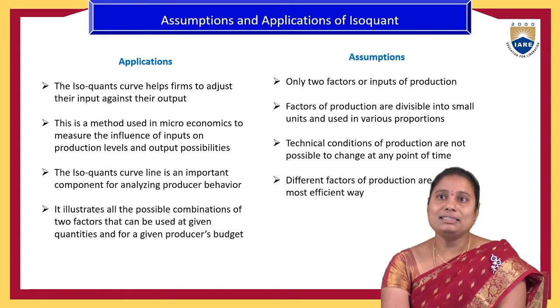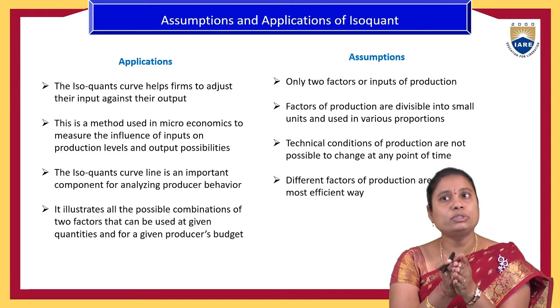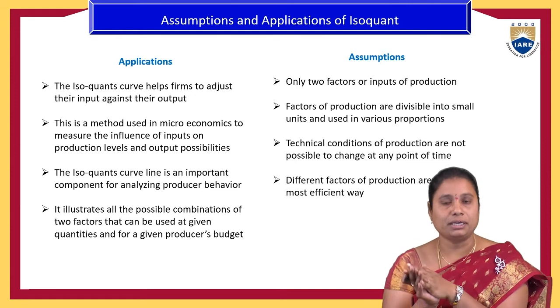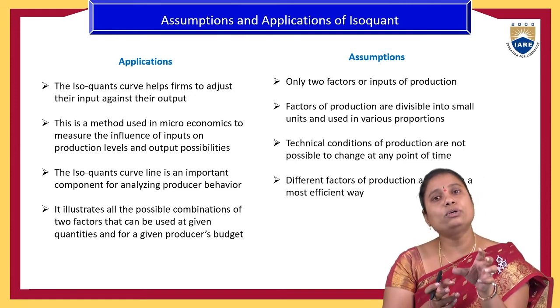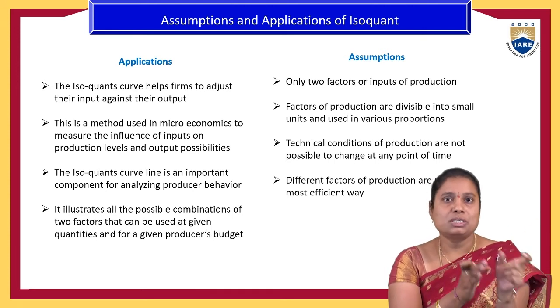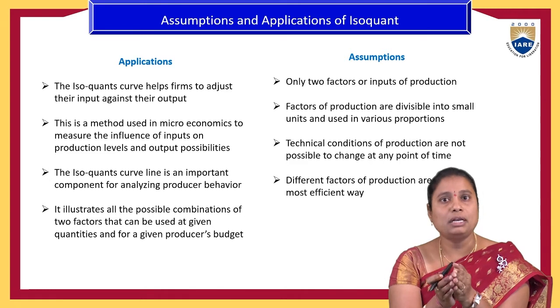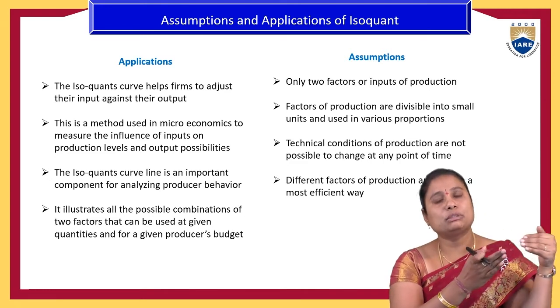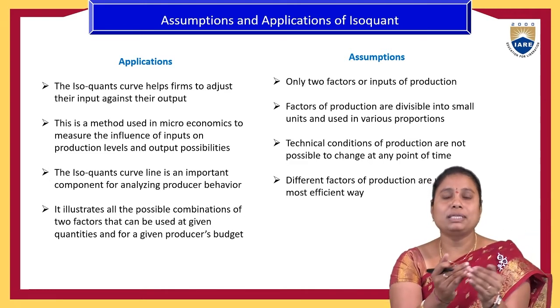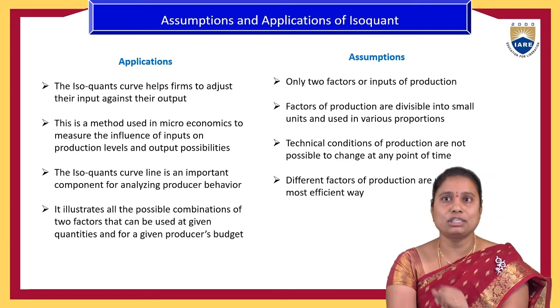Then, the factors of production are divisible into small units and used in various proportions, which means they are divisible. For example, labor of 5 members, 6 members, and smaller units can also be divisible, such as a 10% reduction in machineries and a 10% reduction in technology. Like this, it should be divisible.